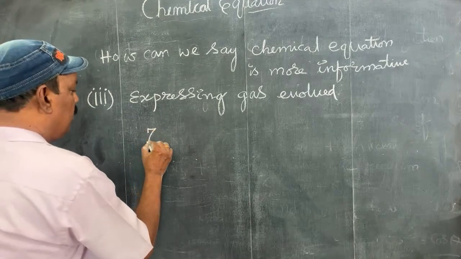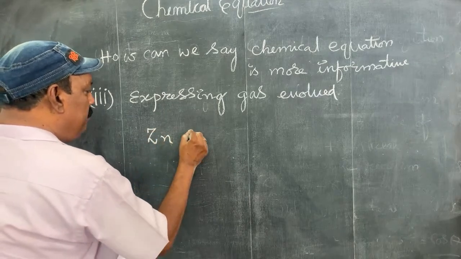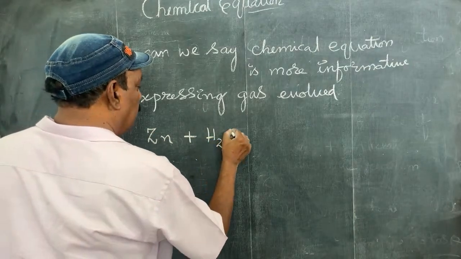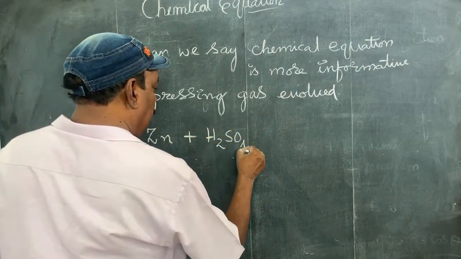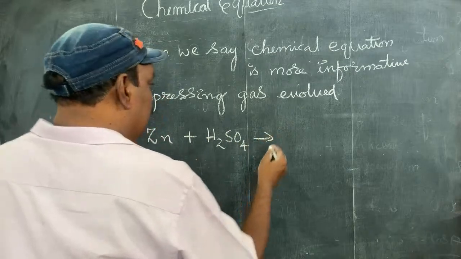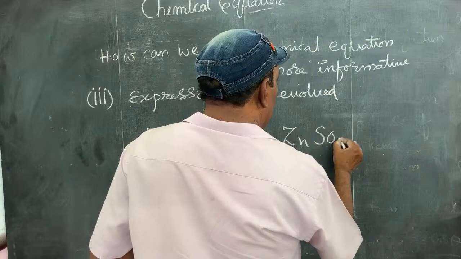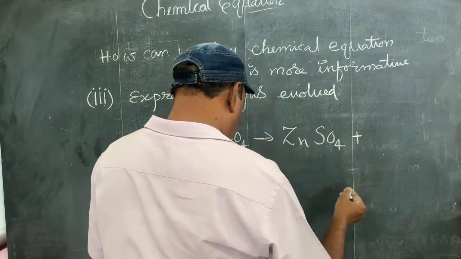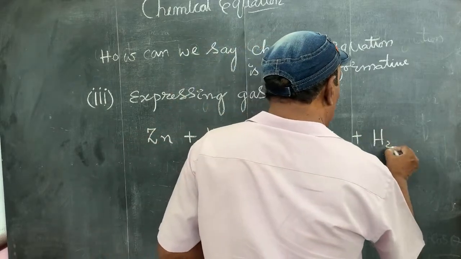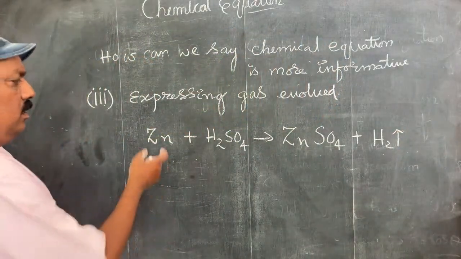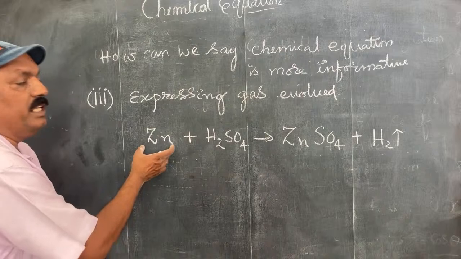Now one equation we are going to test: Zn plus H2SO4 gives rise to ZnSO4 plus H2. Here I am taking one conical flask.